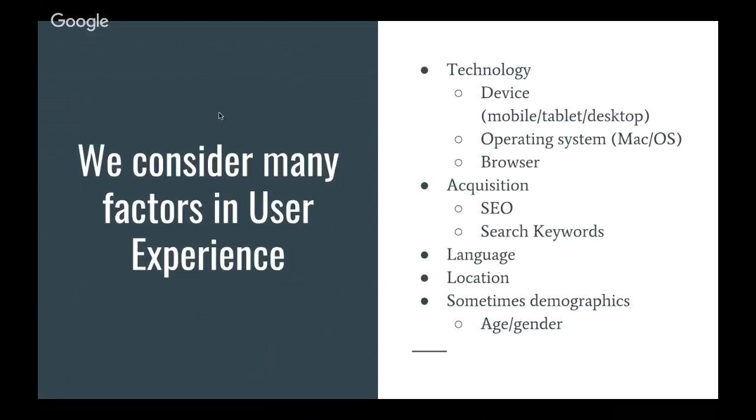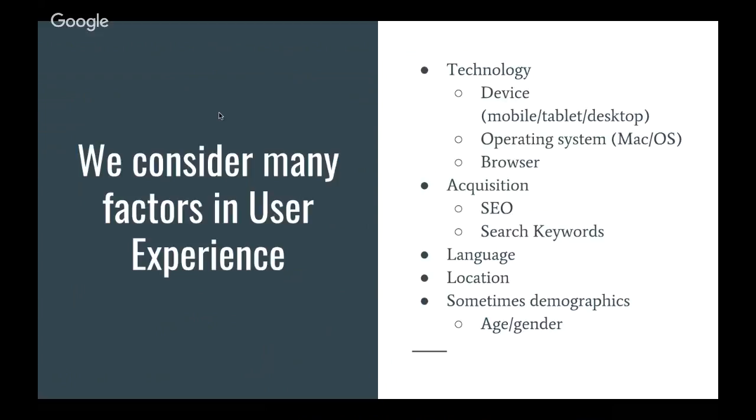Sometimes location, if you are trying to target a specific geographic area, or also sometimes demographics. If you've enabled the function to record age and gender of your users, sometimes you want to make sure that the experience is good for folks of a specific age or gender.